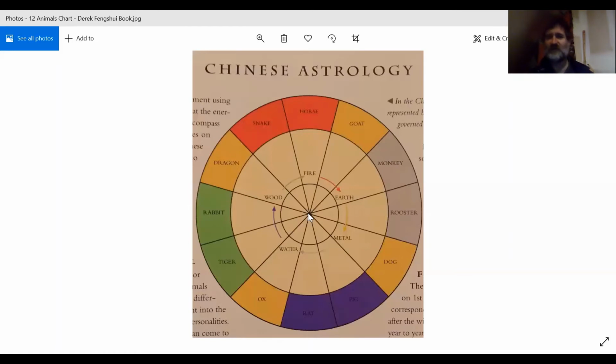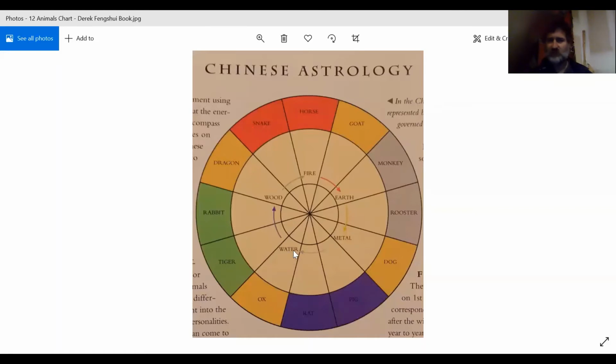Now I want to transition to looking at the specifics of the heavenly stems. And so we're going to go around this circle, but I'm going to pull up the Chinese characters. I just today did the calligraphies for each of these, but we're going to go in this direction.